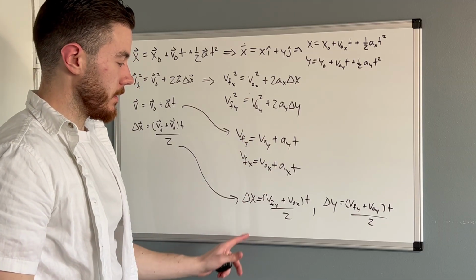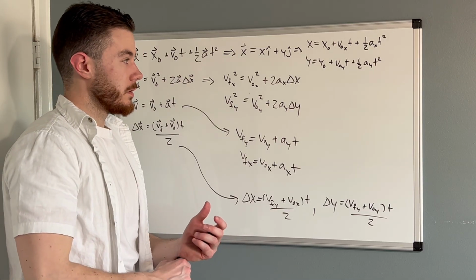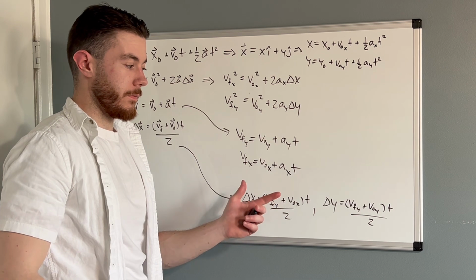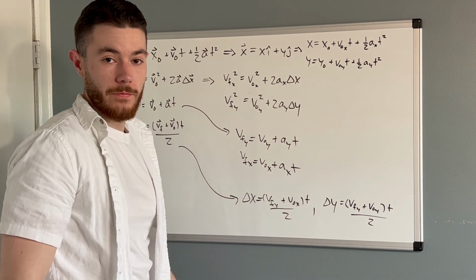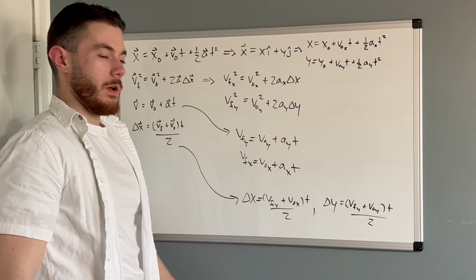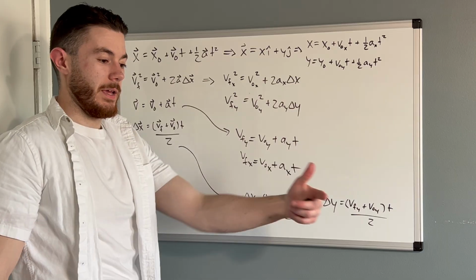And the equations are independent in each dimension. So say we only know information about a ball flying through the air. We only know its information in the x direction.